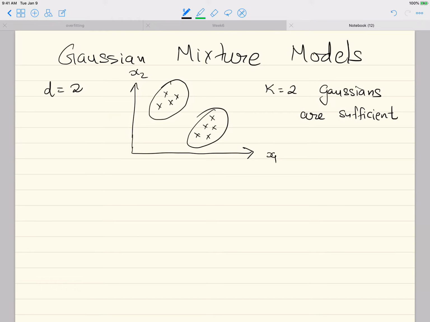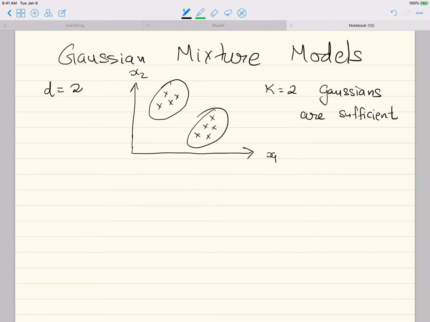So the intuition is, if I want to sample a new data point, I first flip a coin, maybe 50-50, with probability half you get heads and probability half you get tails. If it is heads, I sample data points from this distribution. If it is tails, I sample from the other distribution. To sample points from a distribution, I just use the Gaussian with the mean and covariance. Is this clear?